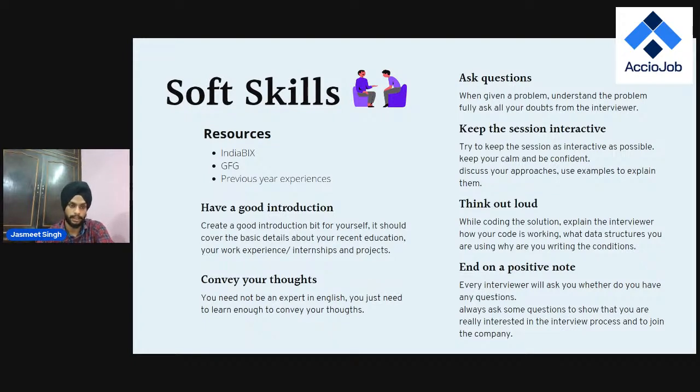Accordingly you can showcase your talents and tell the interviewer what you are good at. So creating a good introduction is a must. So what is a good introduction? You should always elaborate about your recent education, that is your college qualification, not going from your first class to 12th class, that's not required. Just the college education is sufficient.